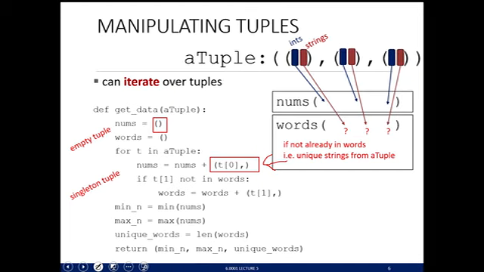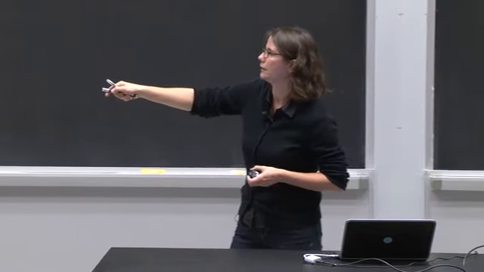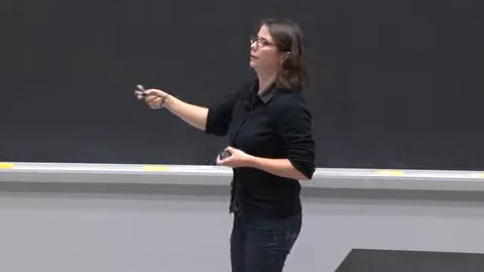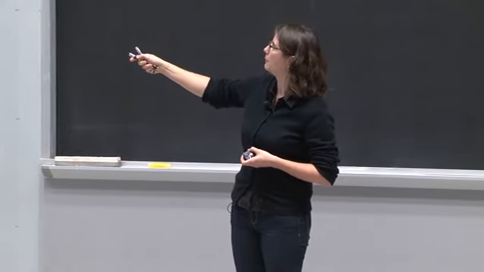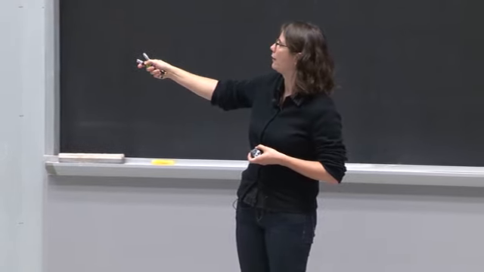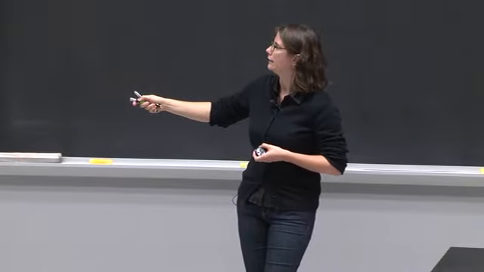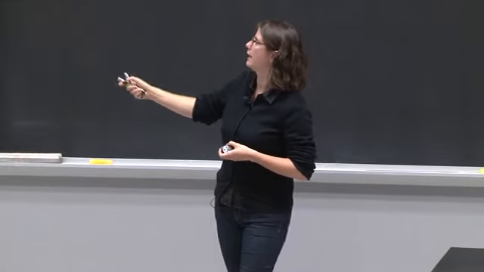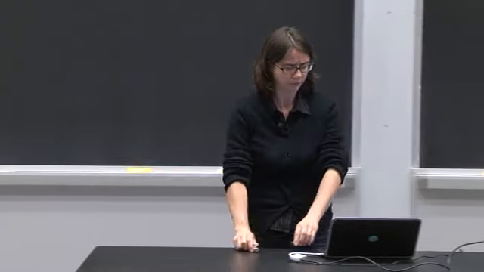So here I'm essentially grabbing all of the unique strings from my list. These last 4 lines here just do a little bit of arithmetic on it, saying, okay, now I have all of the numbers here. What's the minimum out of all of these? And then what's the maximum out of all of these? And then this unique words variable tells me how many unique words I have in my original tuple.